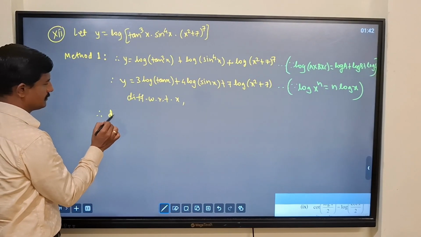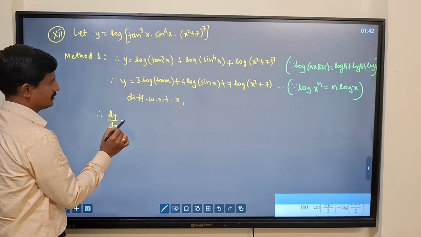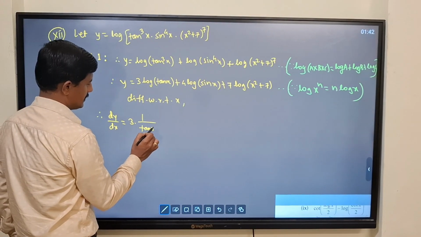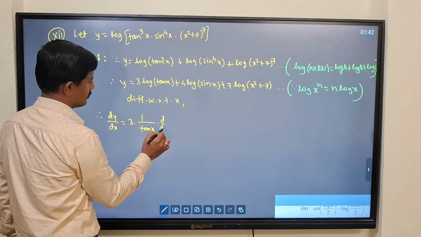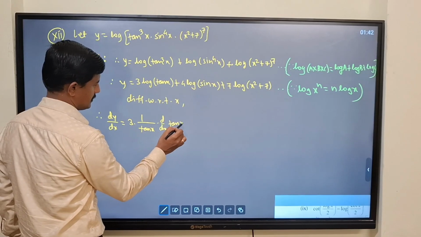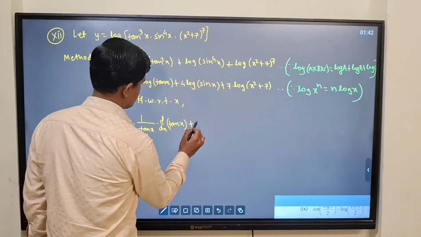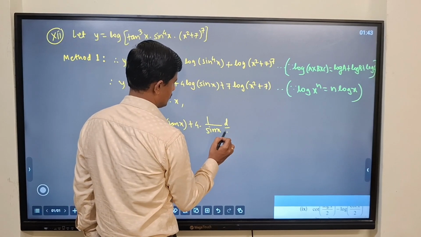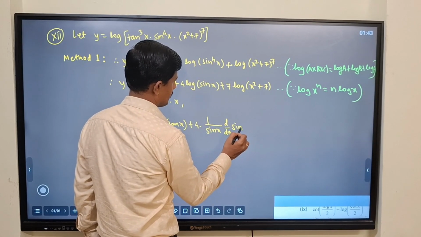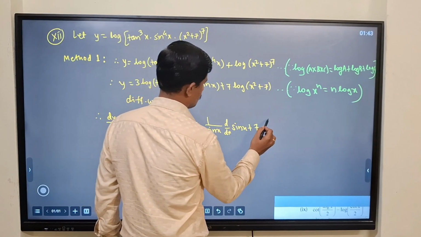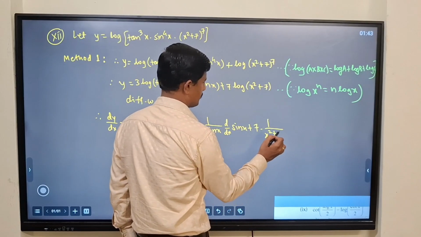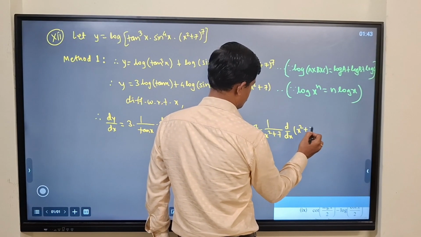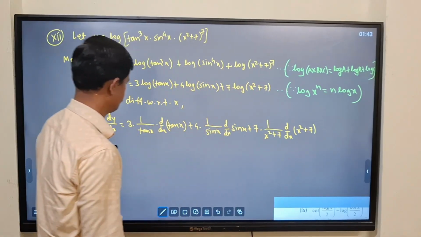So this becomes dy by dx is equal to 3 into 1 upon tan x d/dx of tan x plus 4 into 1 upon sin x d/dx of sin x plus 7 into 1 upon x square plus 7 d/dx of x square plus 7.